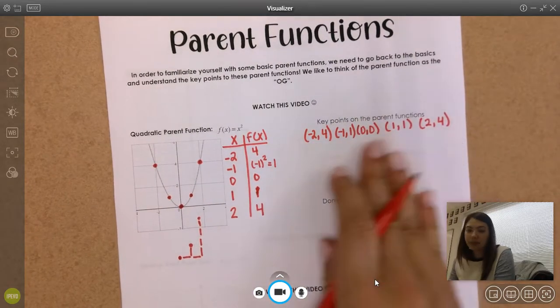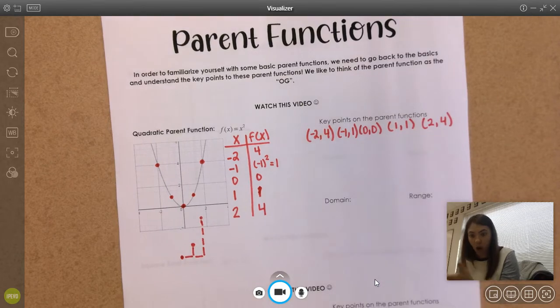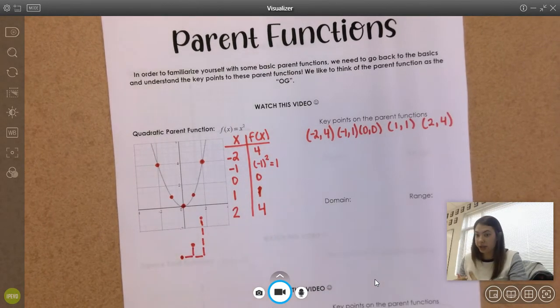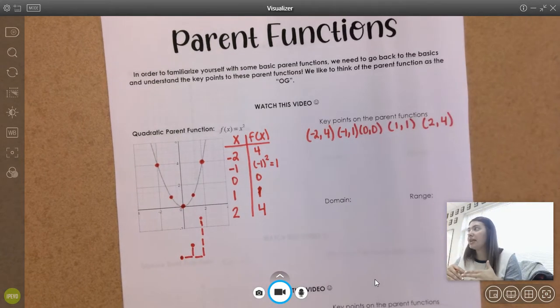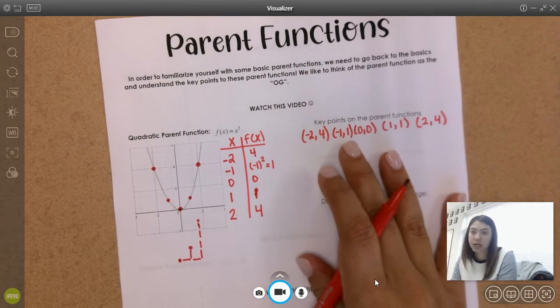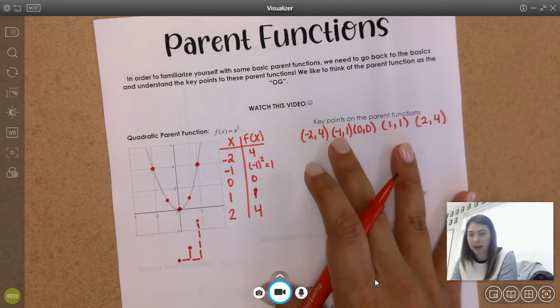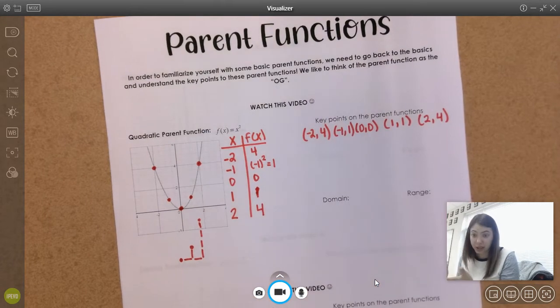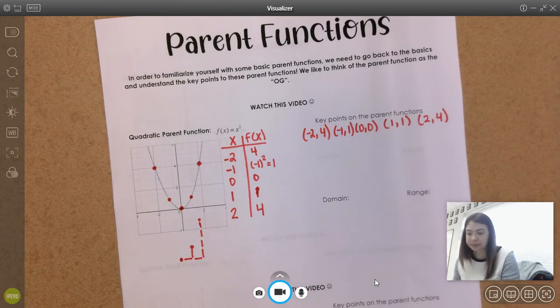So these key points of the parent function will always be there. Now, if there is an a value, if there is this vertical stretch or shrink, if there is this horizontal compression, then obviously these values are going to change. But if we are just talking about f of x is equal to x squared, the parent function, these are those key points that we see.